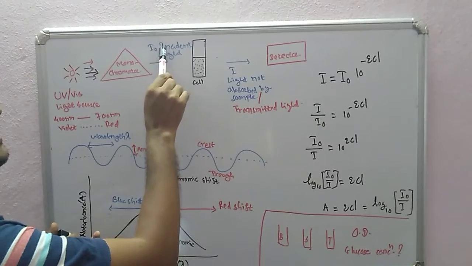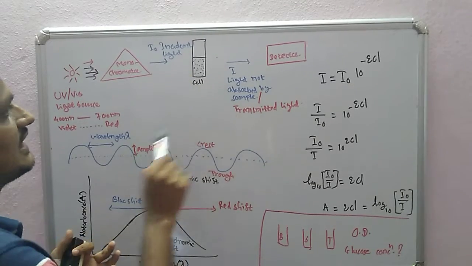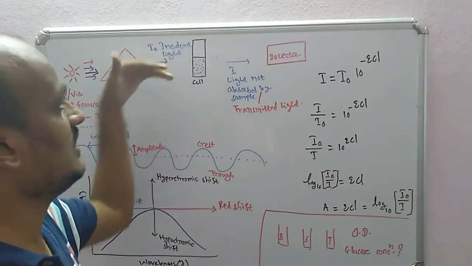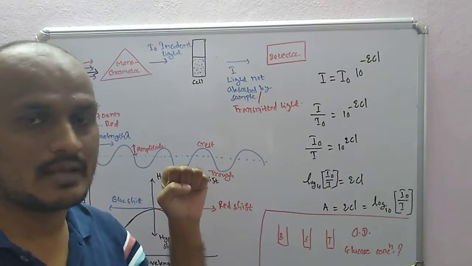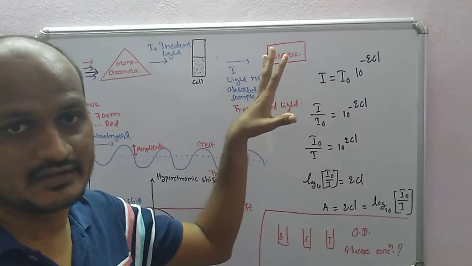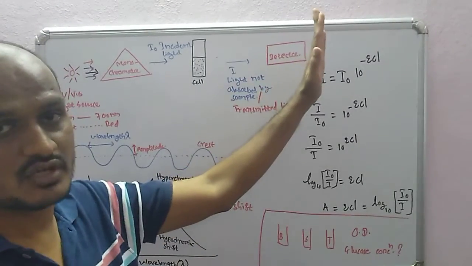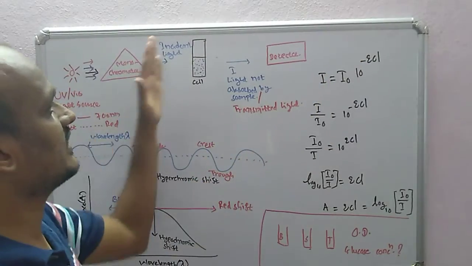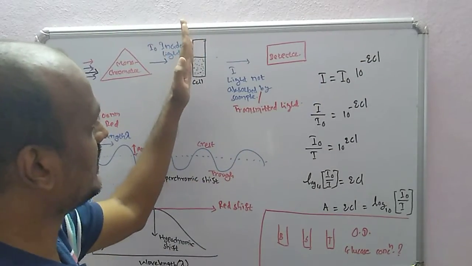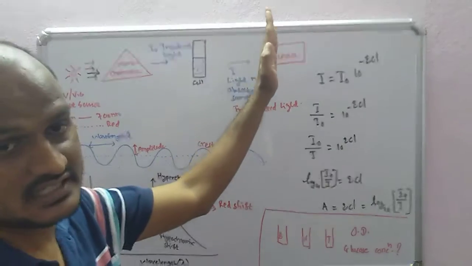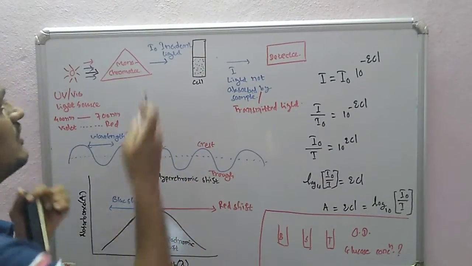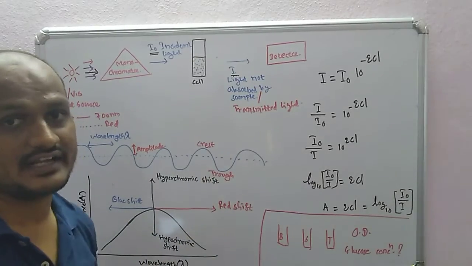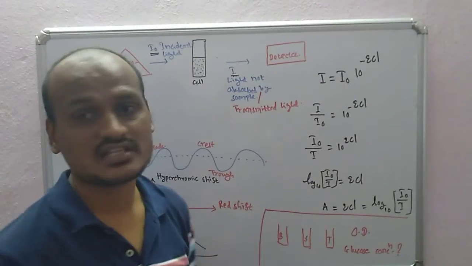If we want to estimate the concentration, we have incident light and we have transmitted light. Whenever we pass the light through this sample, some light gets absorbed in our sample and the other light gets transmitted. So the incident light is coming here, something is getting absorbed and then the rest is getting transmitted. That is why we have I0 as the incident light and I as the transmitted light, and this we are detecting in this photodetector.